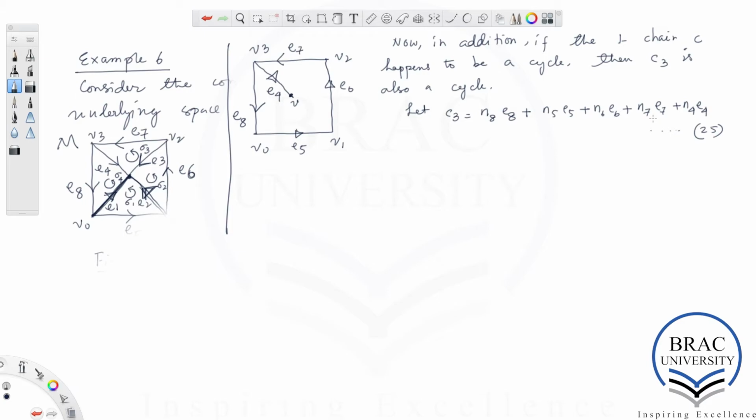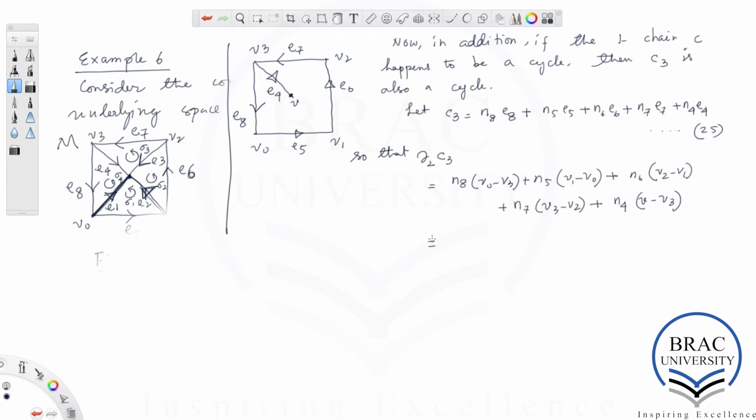So the boundary operator acting on this one chain C3 is going to be equal to N8 times (V0 minus V3) plus N5 times (V1 minus V0) plus N6 times (V2 minus V1) plus N7 times (V3 minus V2) plus N4 times (V minus V3).